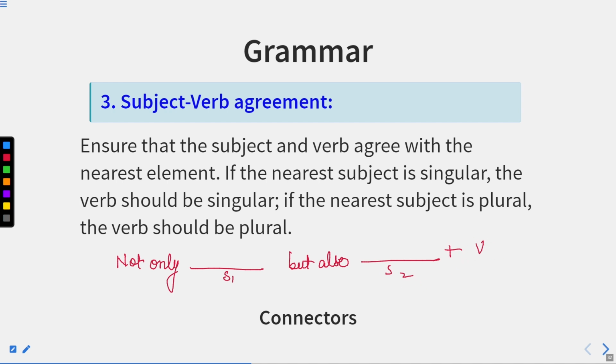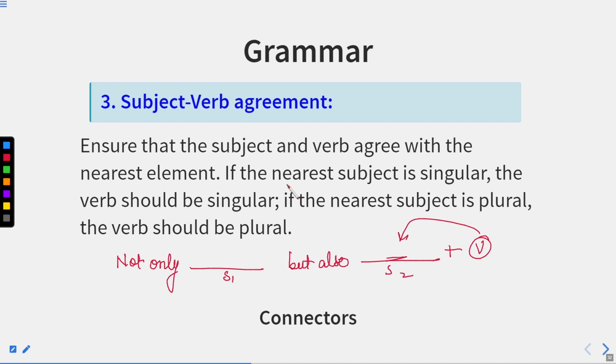Now the verb depends on the nearest subject, that is the second subject. Now why am I saying nearest subject? Suppose there is only one subject and two verbs. So the verb should depend on the nearest subject or the subject closest to it. So you should keep this in mind.